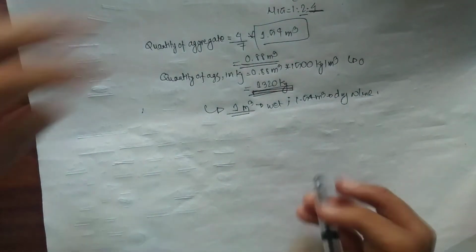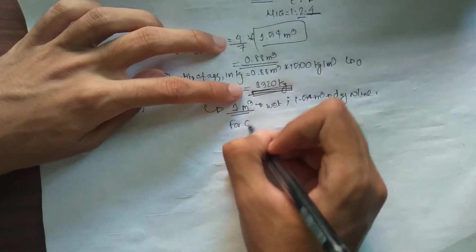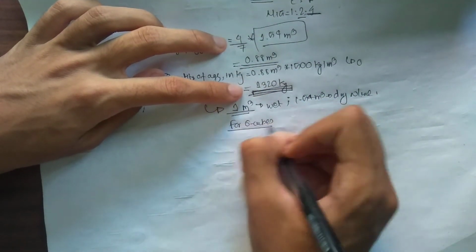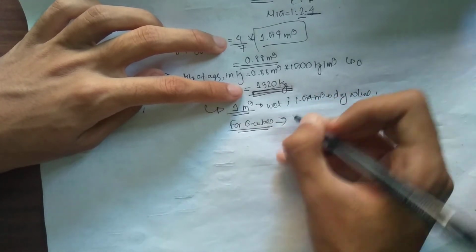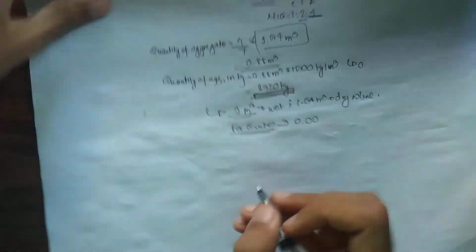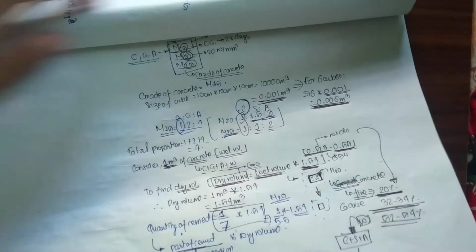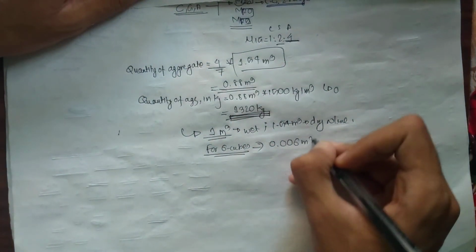For 6 cubes, the volume was obtained to be 0.006 meter cube.